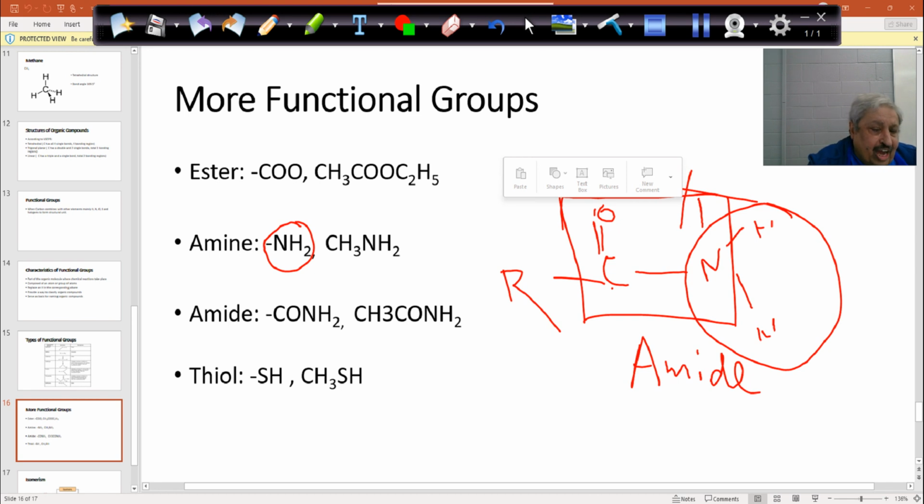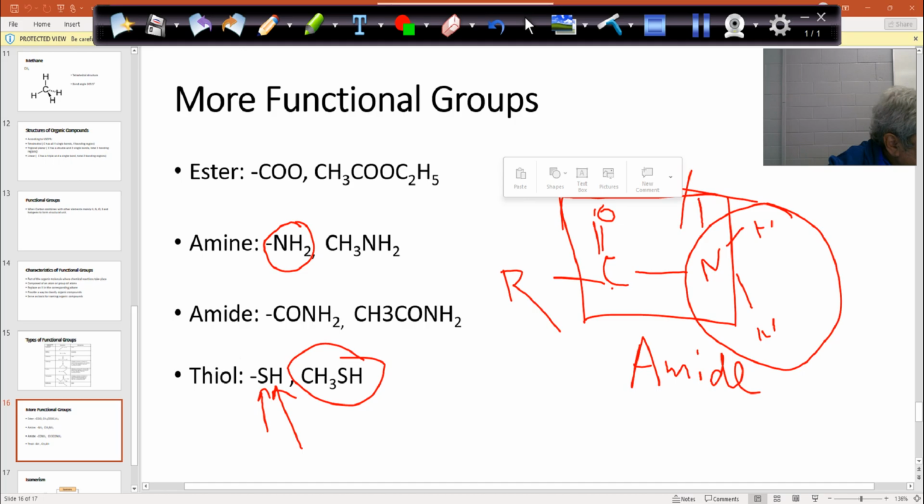Then you have a thiol. Thiol is sulfur and hydrogen. Sulfur and hydrogen make thiol, or sulfhydryl. So you have a sulfur here and a hydrogen. The name of this now will be thiol, not sulfhydryl. That's a methane, one carbon connected to the SH group, thiol. What will it be?